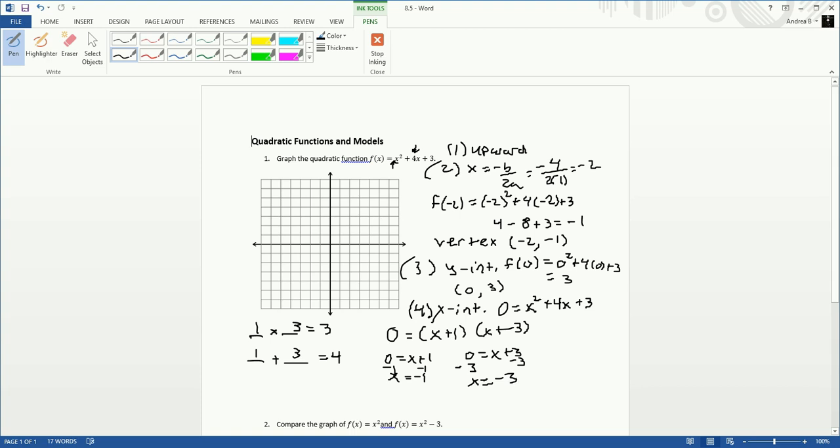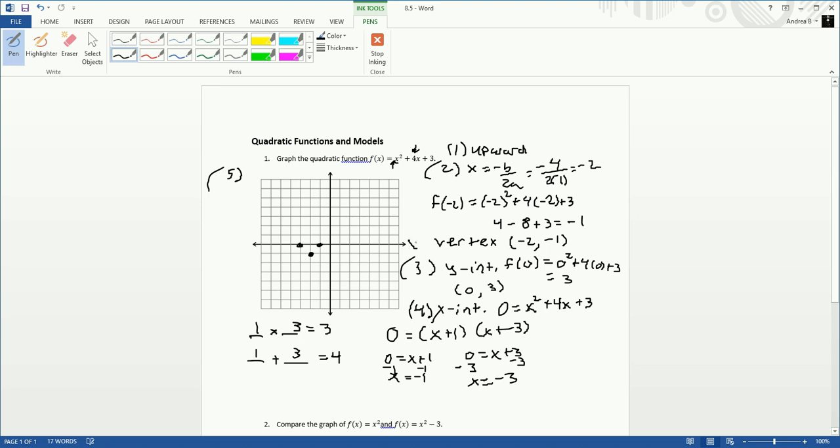And then the final step is to go through and graph. This is labeled as step 5 there. Here we'd want to sketch our vertex first, which was at negative 2, negative 1. So you go left 2 and then down 1, and plot that point. And then you also want to plot the x-intercepts, which were at negative 1 for the x and negative 3 for x.